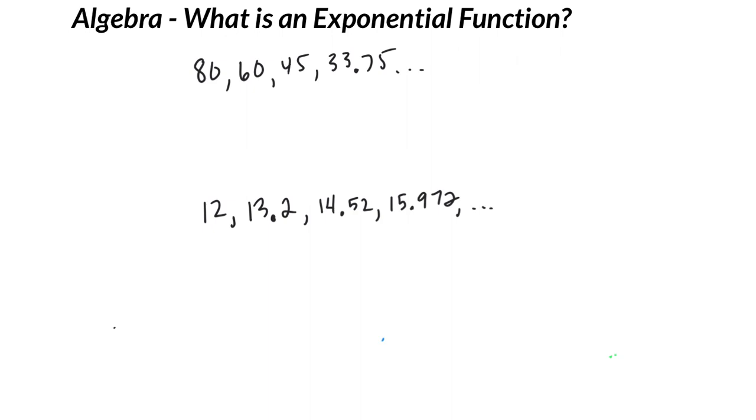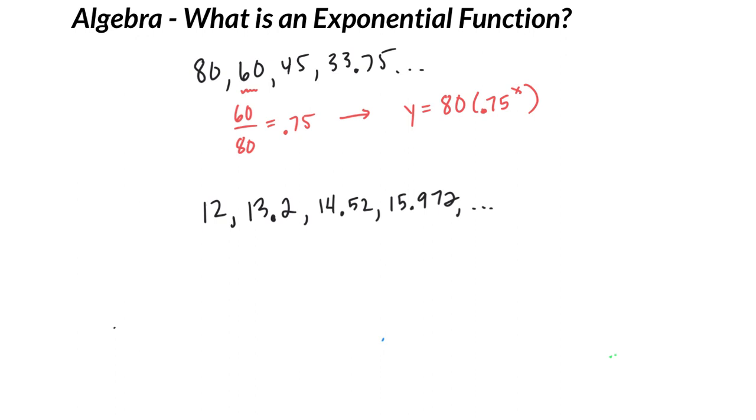The way we figure out that ratio, that multiplier, is to simply take our second term and divide it by the term in front of it. Of course, this is 0.75. So right away, we can say our equation, starting at 80, and then just continuously multiplying by 0.75. Or if you preferred to write 3/4, you certainly could.